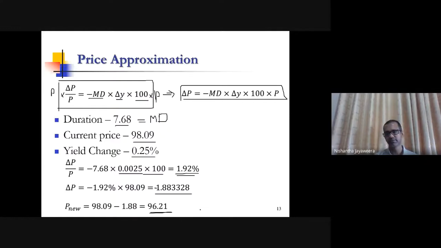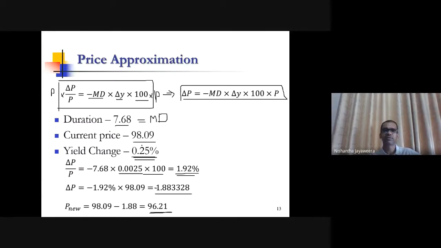Is it clear? When we know the duration or the modified duration, how do we calculate the new price of a bond when the yield is changed by a given amount?